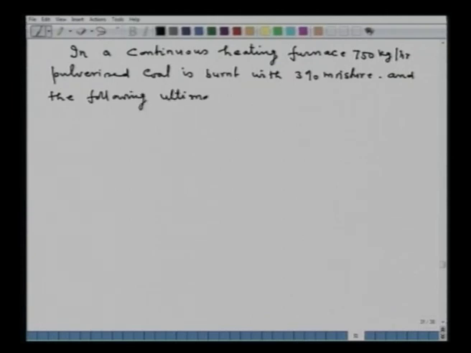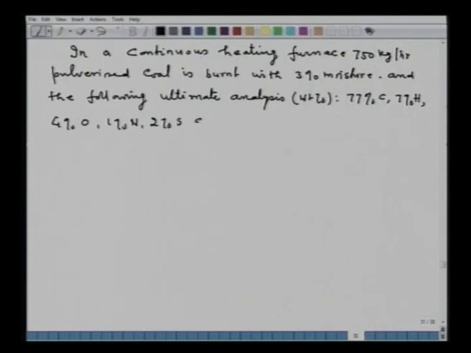Ultimate analysis is given on wet percent. In case it is not mentioned, it is always given on wet percent. That is, 77% carbon, 7% hydrogen, 4% oxygen, 1% nitrogen, 2% sulfur and 9% ash.